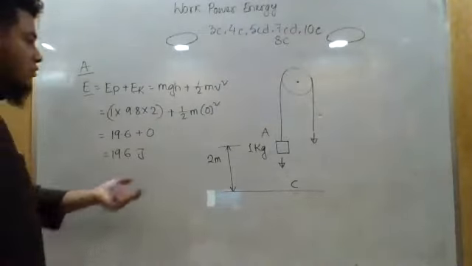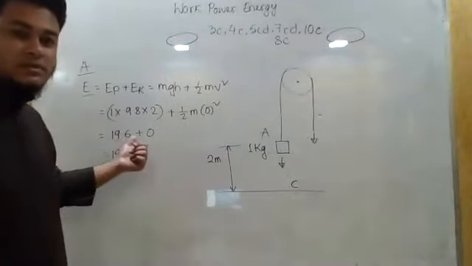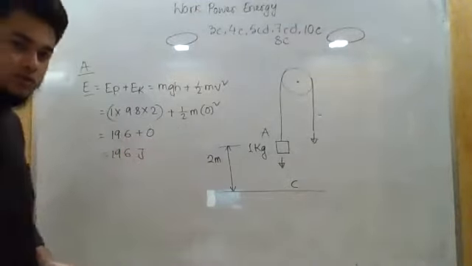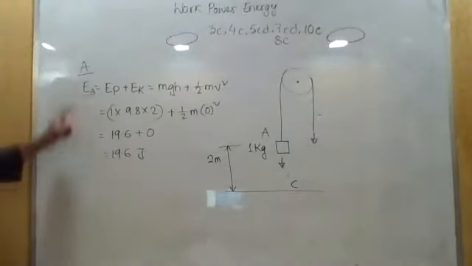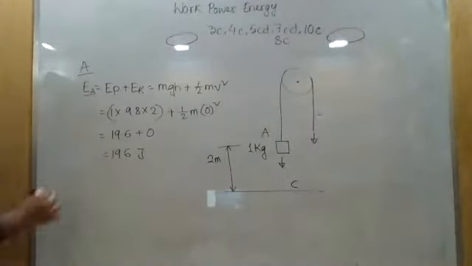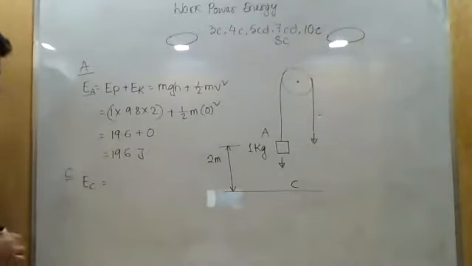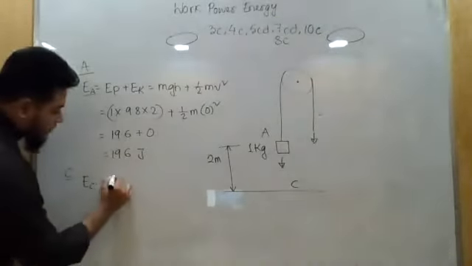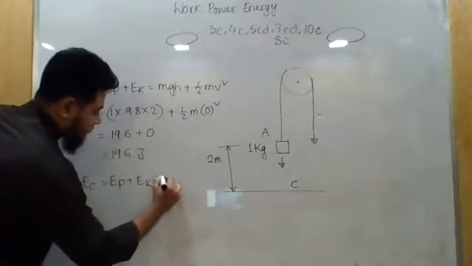Now let us see what will be the total energy at point C, whether it equals the total energy at point A or not. Better we represent this as EA. The total energy at point A is represented by EA. Now the total energy at point C, let us represent by EC, and again we will calculate the potential energy and kinetic energy for that point.